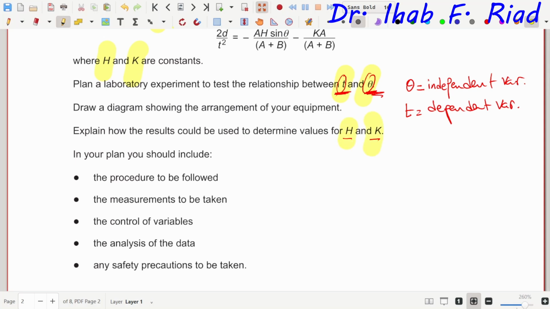H and K are constants, which the experiment needs to calculate.